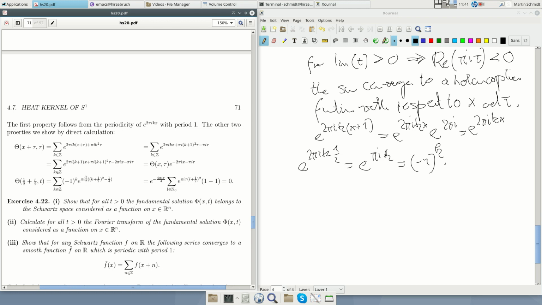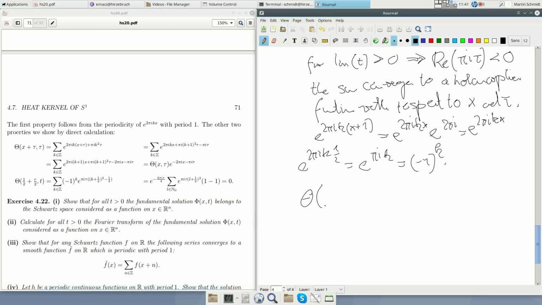So maybe I write it as theta of 1/2 plus tau half, tau. This is by definition the sum over k in Z of the exponential of 2 pi i k times 1/2 plus tau half, and then we have pi i k squared tau.